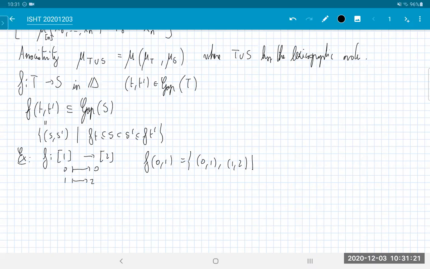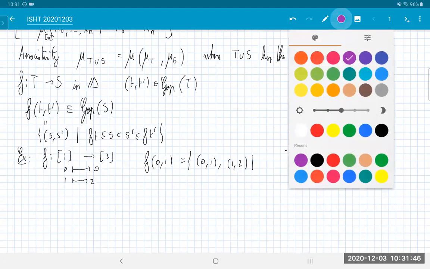So you imagine the gap spread covers just a set of gaps in S. This is T, this is S, this is f of t prime. That's just a piece of notation that's going to be convenient.